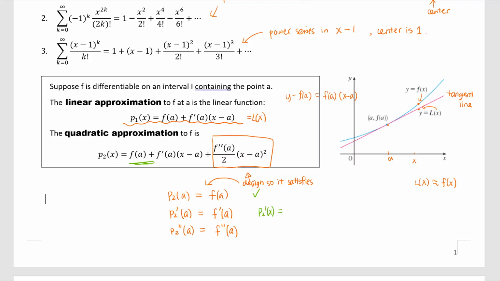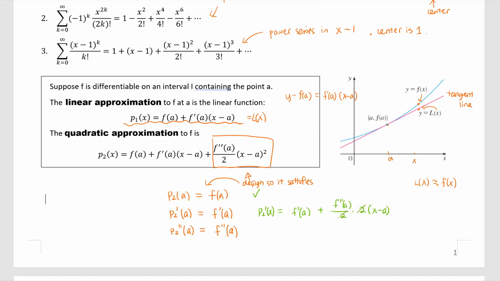Well, P2 prime of x: this is a constant term, and the derivative of a constant term is 0. And this term is a linear term, the derivative of x is 1, so we get f prime of a. And this term, the derivative of x squared is 2, so that is f double prime of a, the constant multiple, times 2 times x minus a times u prime, by the chain rule. But u prime, the derivative of x minus a, is 1.